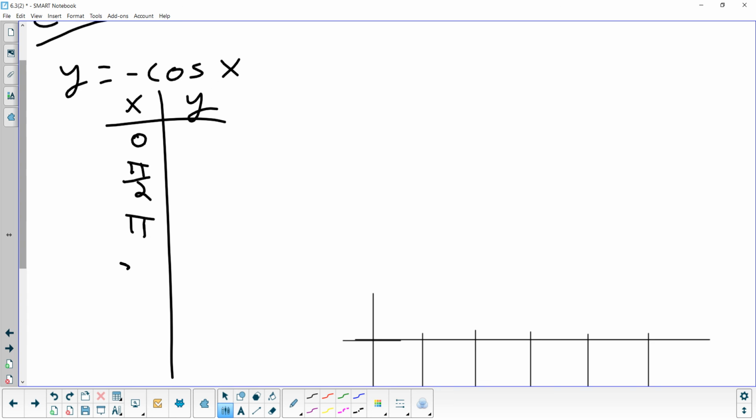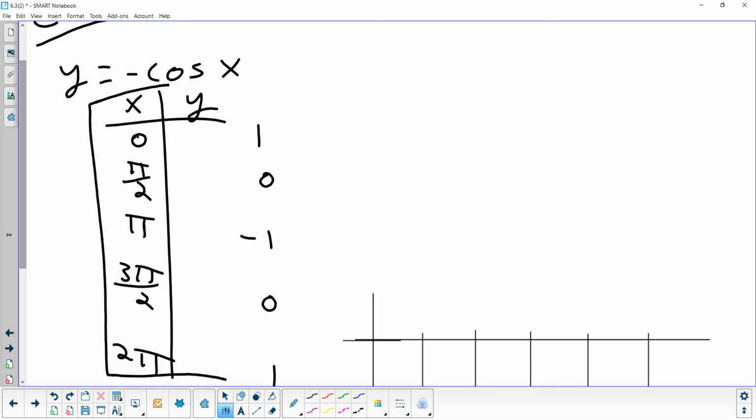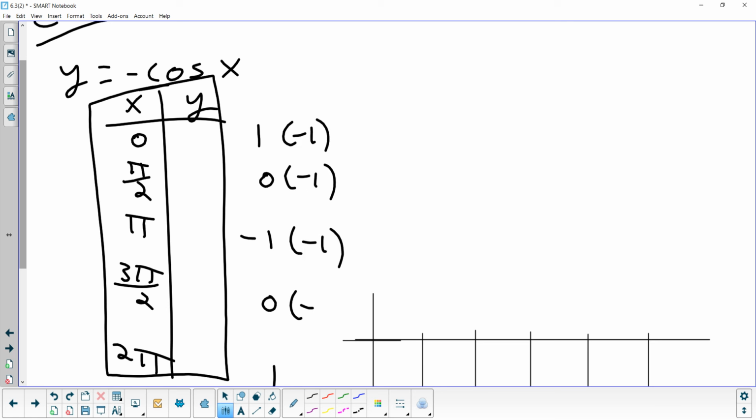Hopefully if you haven't gotten used to writing these, you will soon. And now let's think about what my old y values are. And Abigail, can you tell me what my new y values are? Yep, so we're going to times them all by -1.